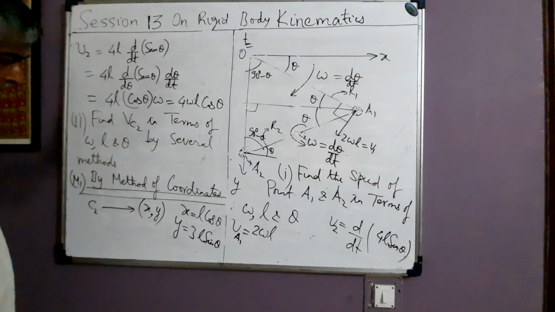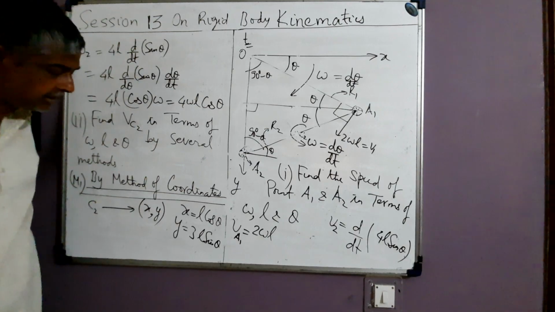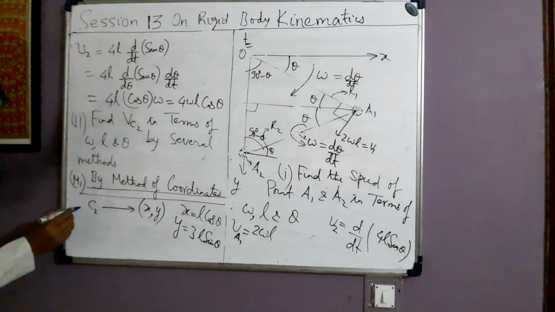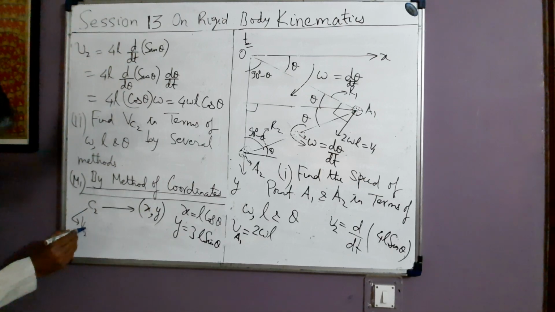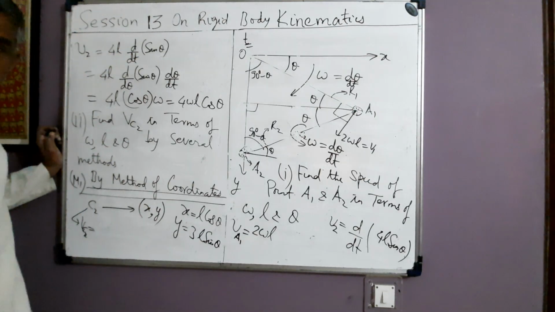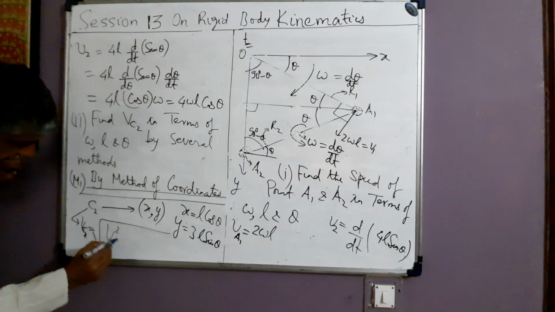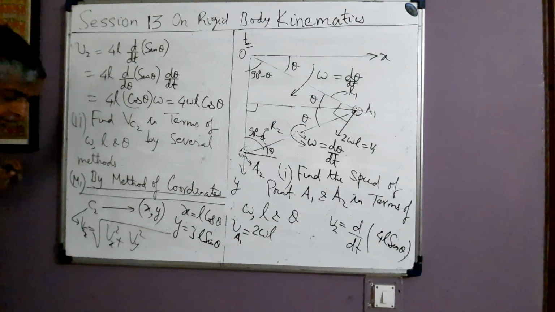So the x coordinate of C2 is L cos theta and the y coordinate of C2 is 3L sin theta. Now the speed of center C2, by the method of theory of particle kinematics of a point, is root under Vx square plus Vy square.